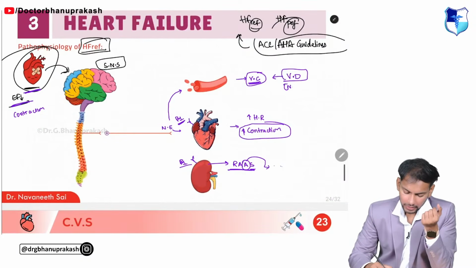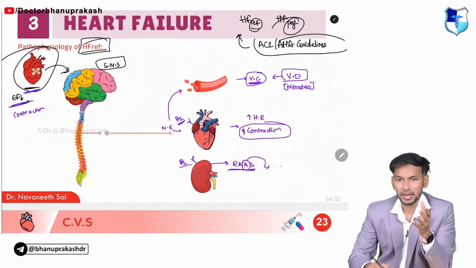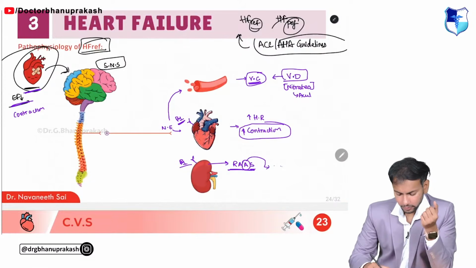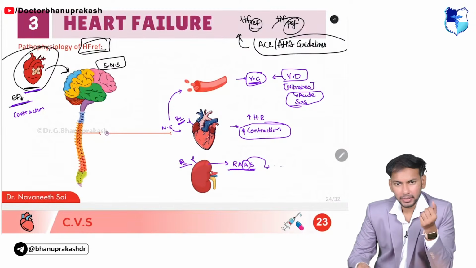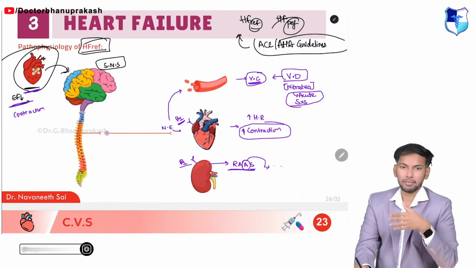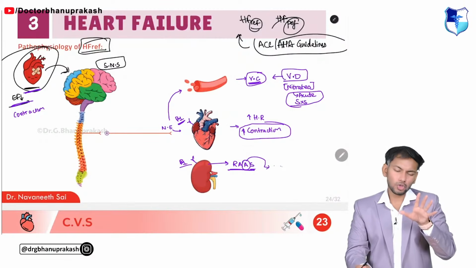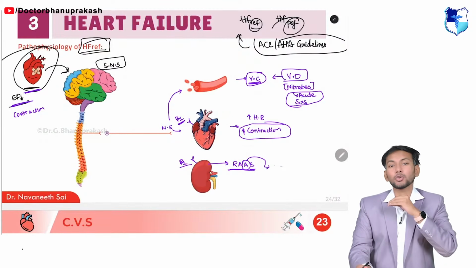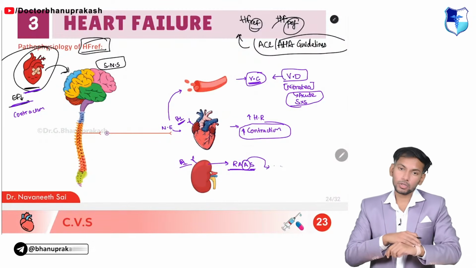Example is nitrates. But you don't use them for prophylaxis, you use them in acute episodes or acute attacks. If a person has symptoms, then you use nitrates. But if the person is not having symptoms, you cannot cure HFrEF, you can only stop the progression.